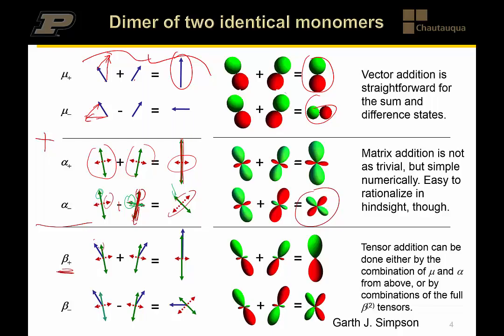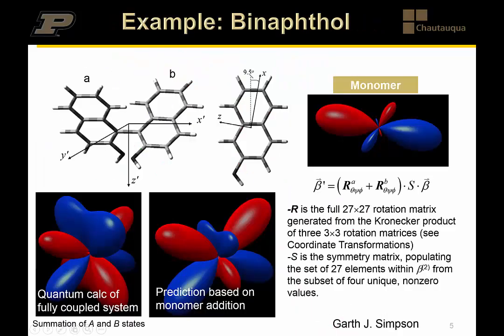And so we just do the same vector addition and subtraction that we did before for the transition moment, and the same matrix addition and subtraction that we did for the Raman or two-photon matrix, and these are the corresponding Stat representations for the sum and difference state. And of course they have their own corresponding hyperellipsoids as well.